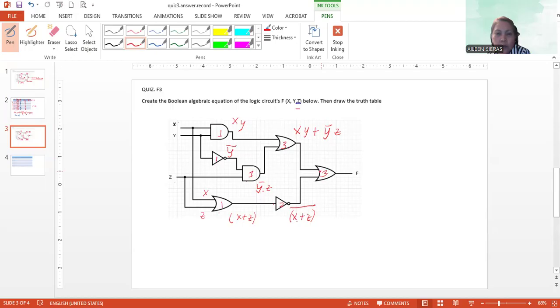And then the third OR gate here is the input is XY plus Y bar Z. Then the second input here is X plus Z bar. So the function of X, Y, Z is equal to XY plus Y bar Z plus (X plus Z) open close parenthesis bar. Okay? So this is our equation.